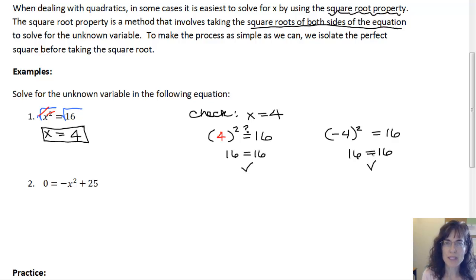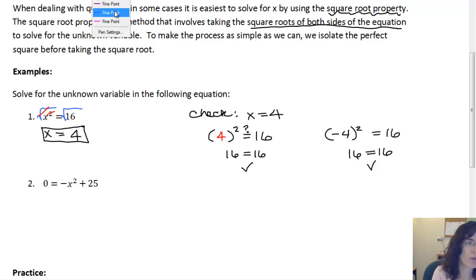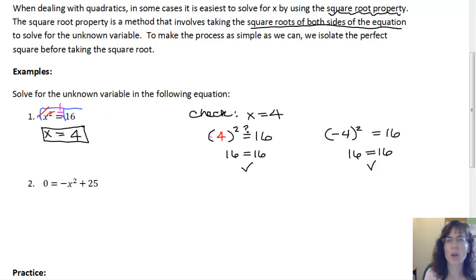So in order for us to take that into account, when we take the square root of both sides of an equation, we have to write down plus or minus on one side of our equation, just so that we'll end up with the 4, and then also our second solution, which was negative 4. So for this one, we would have a solution of positive or negative 4, and we take care of that by putting plus or minus on the side with our square root of our number.